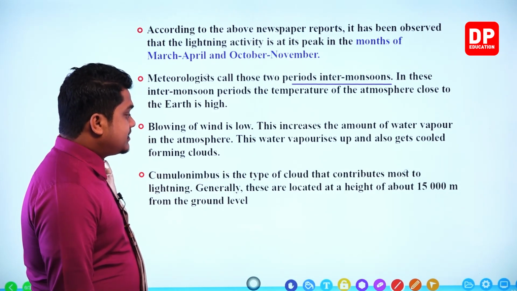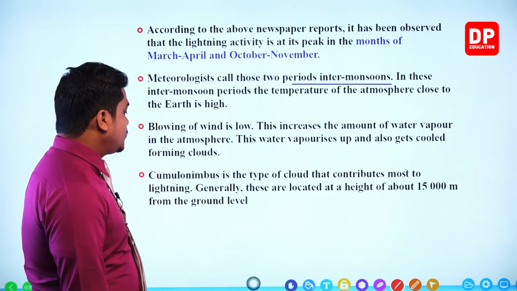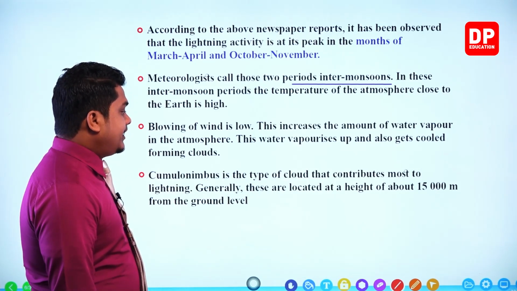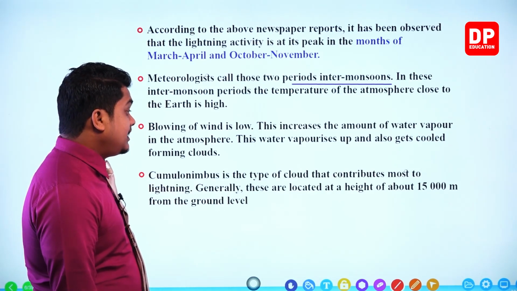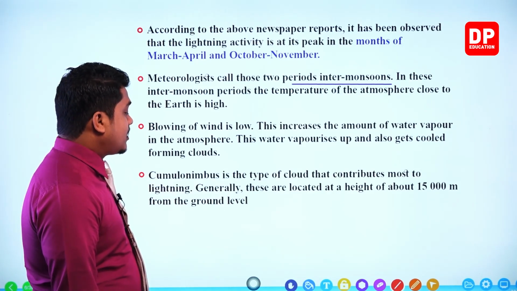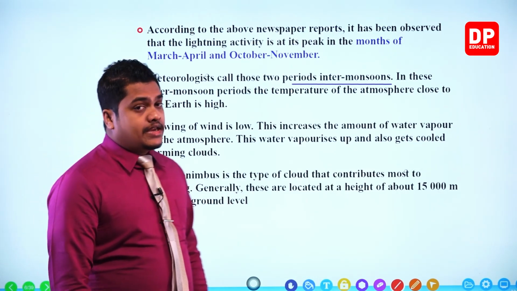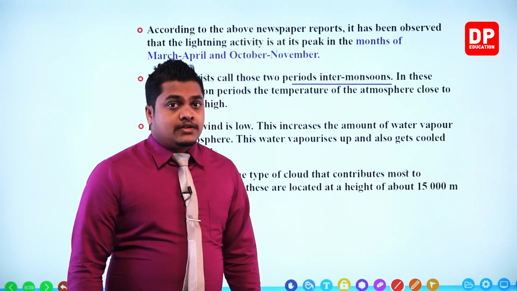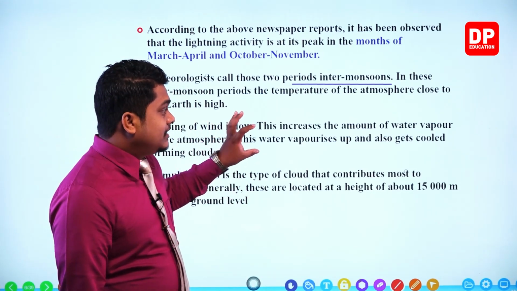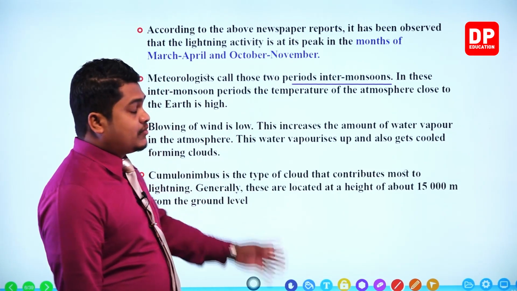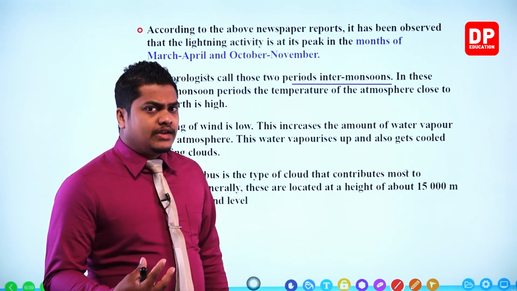Cumulonimbus is the type of cloud that contributes most to lightning. Generally, they are located at a height of about 15,000 meters from the ground level. So cumulonimbus clouds are the main reason for the creation of lightning. These clouds are created because of the increased amount of water vapor in the atmosphere. Why does the amount of water vapor in the atmosphere increase?